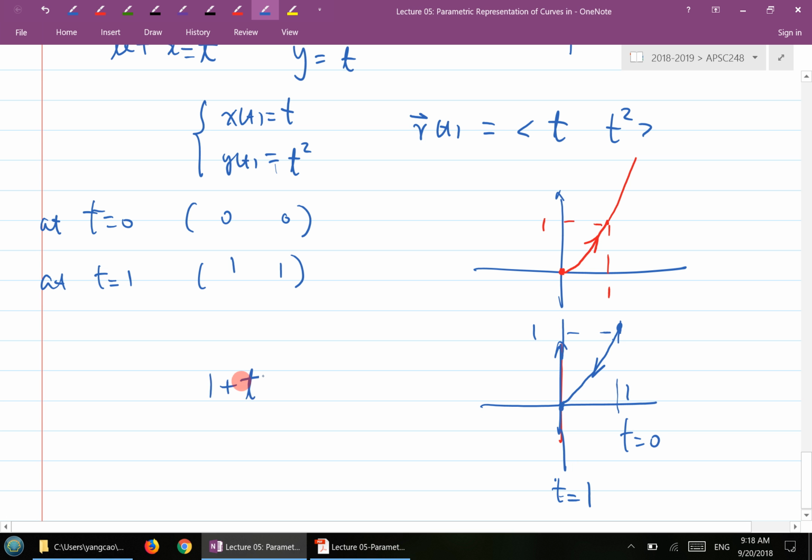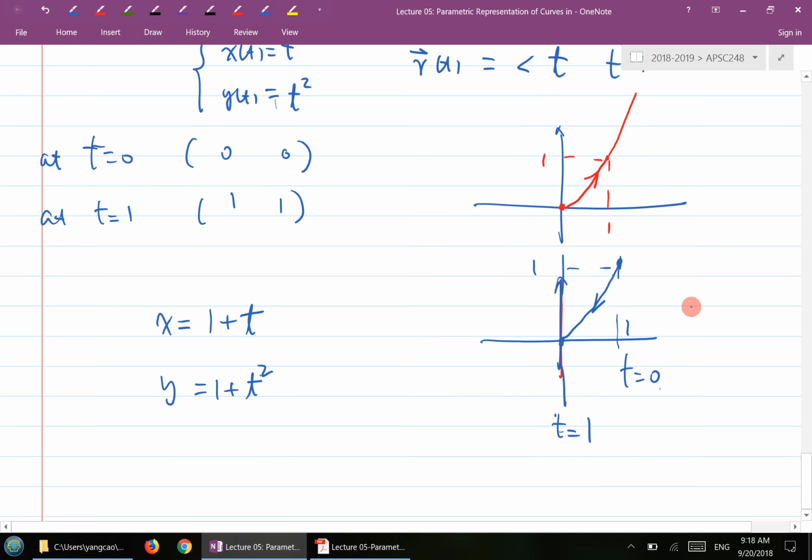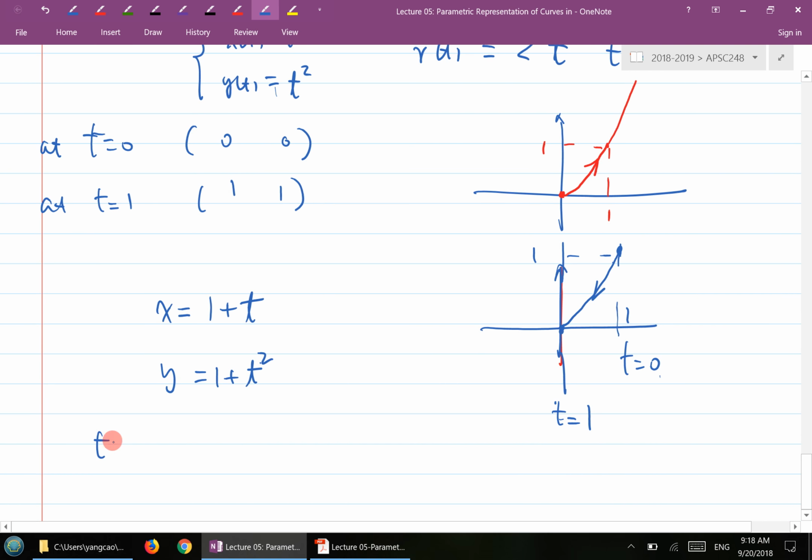1 plus t, you mean? Like this, t squared, yeah. Okay, let's verify. When t equal to 0, 1, 1, that works. When t equal to 1, where is it? In your case, x equal to 2, y equal to 2.